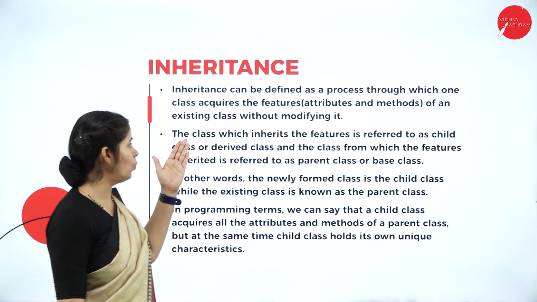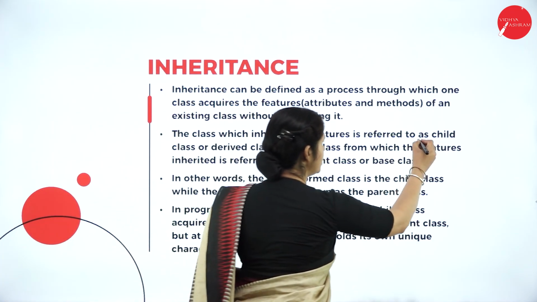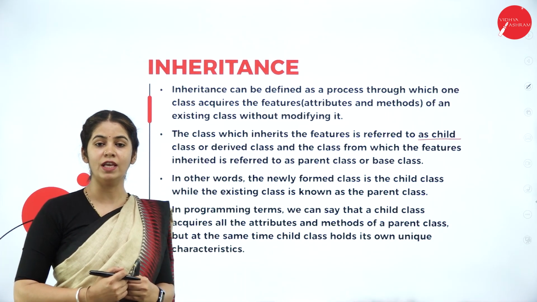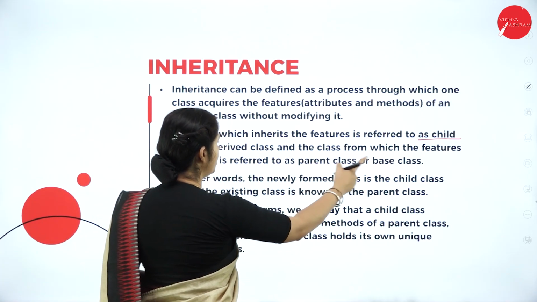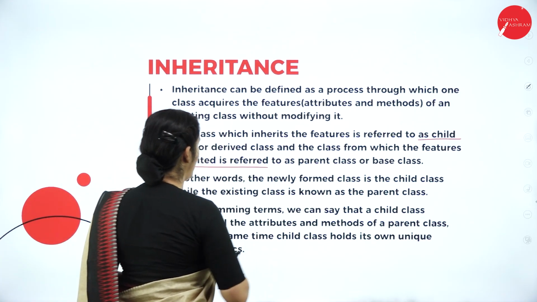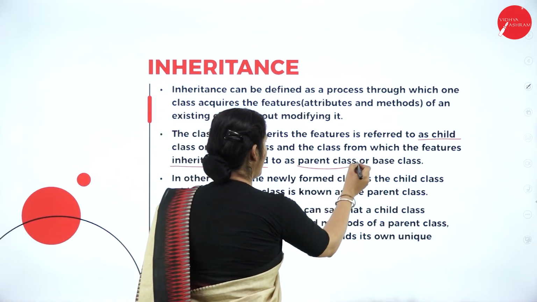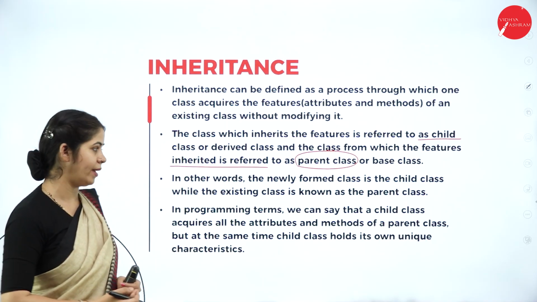The class which inherits the features is referred to as a child class, and the class from which the feature is inherited is called what? Parent class. Hope all of you are clear what is child class and what is parent class.